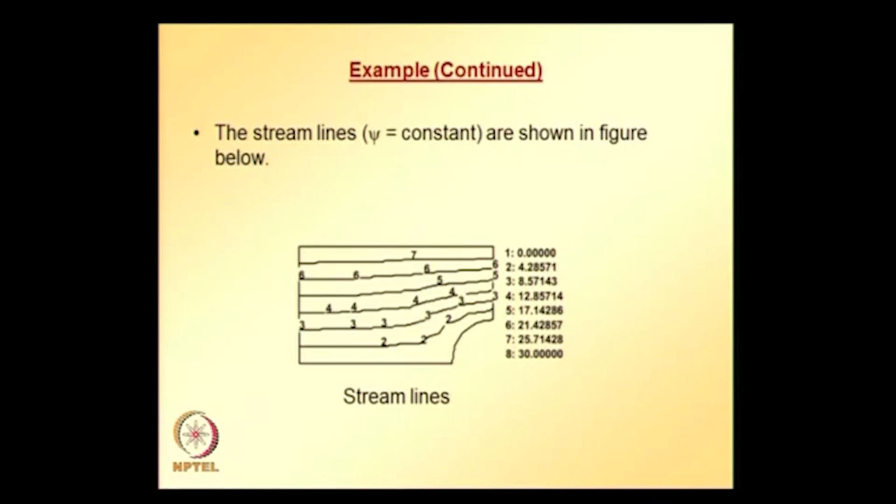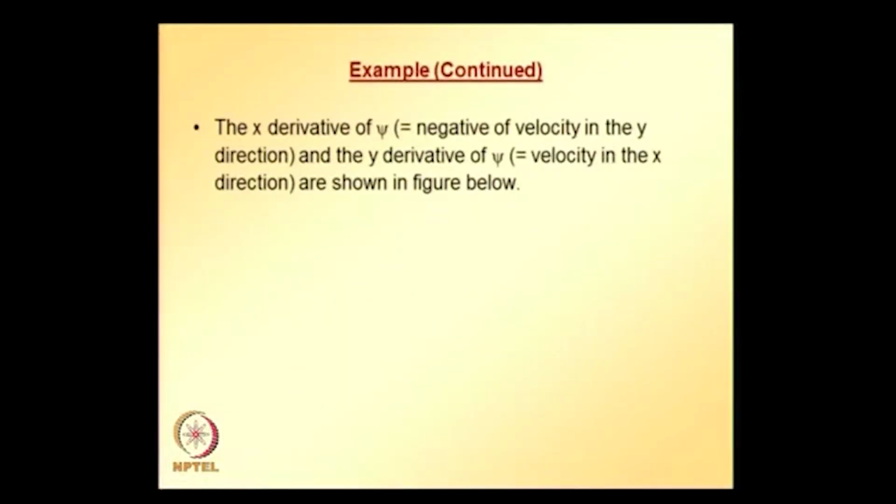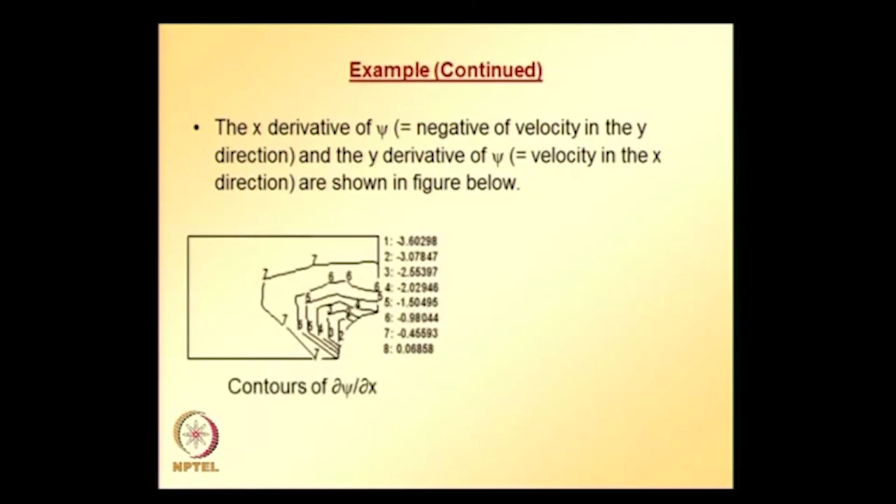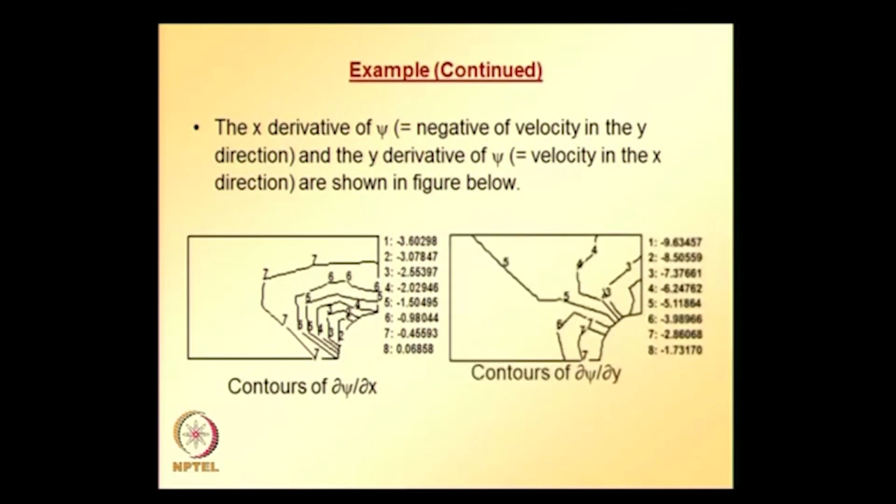Also we can plot derivatives of the stream function with respect to x and y, because the x derivative of the stream function is related to velocity in the y direction and the y derivative of the stream function is related to velocity in the x direction. They are shown here, contours of derivatives of the stream function with respect to x and y.